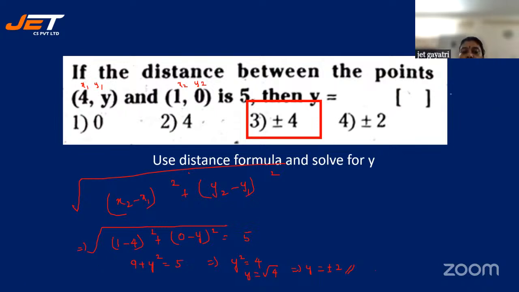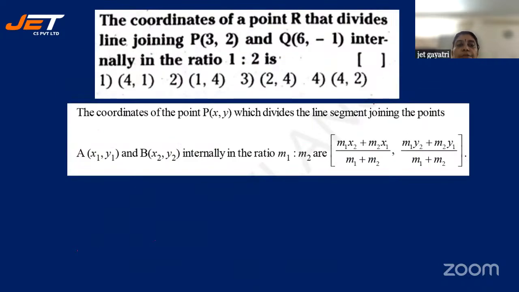So not plus or minus 4, because here you have x2 minus x1. So 1 minus 4 is minus 3 square. All right, so it should be this. Okay. All right, let's move on to the next question.